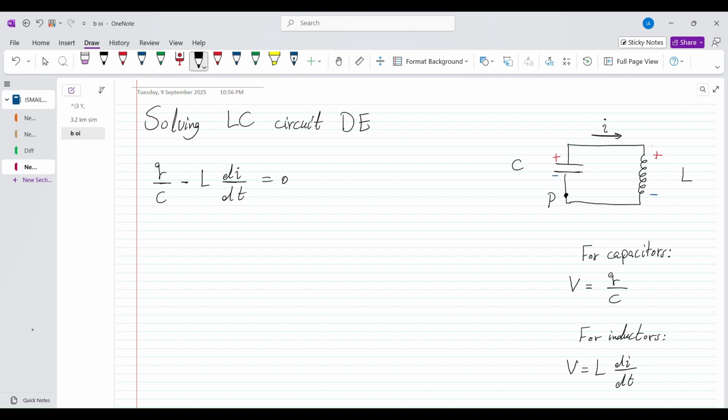Of course, this will be equal to 0 because we will come back to this same point P.